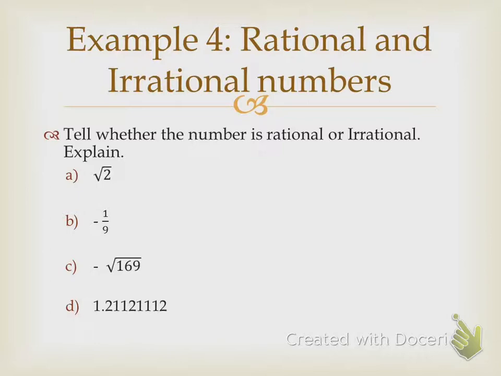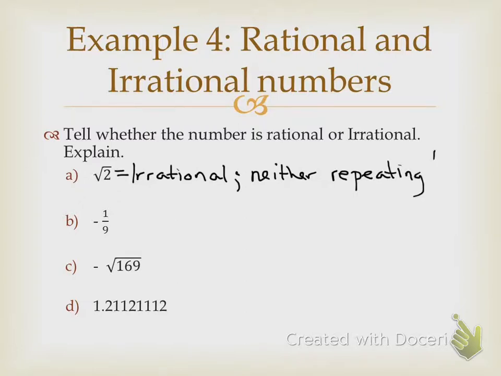Does that have any type of pattern to it? No. Okay, and it keeps on going on forever. So I would say that the square root of 2 is irrational, and my explanation is it's neither repeating nor terminating. Neither one.